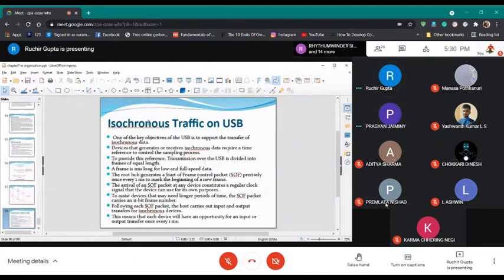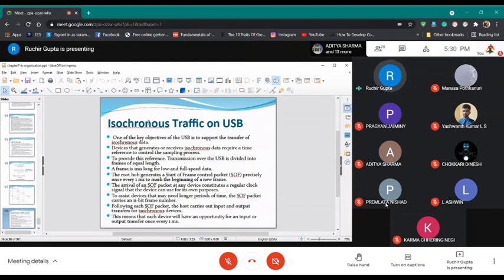Yes, sir. The last thing we want to discuss about USB is isochronous traffic on USB. The idea is that a packet should not be delayed. It should either reach on time or be dropped. This is generally used for voice transfer and the like.